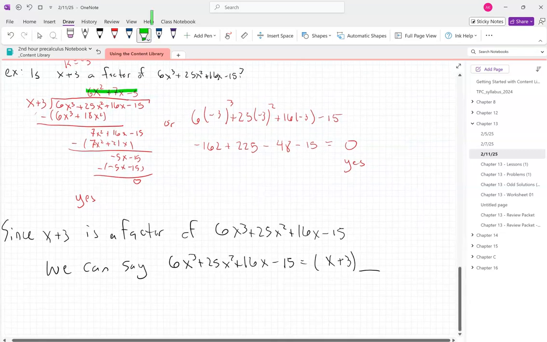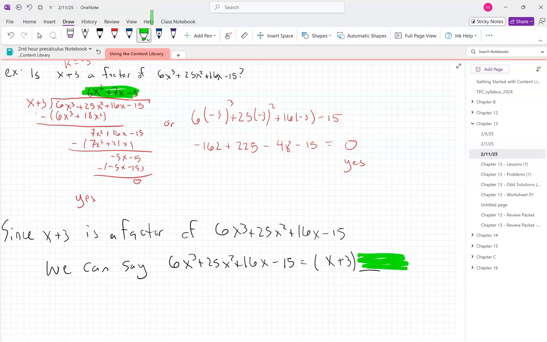Now, doing the long division, I get that polynomial.